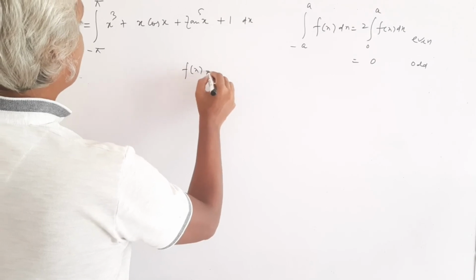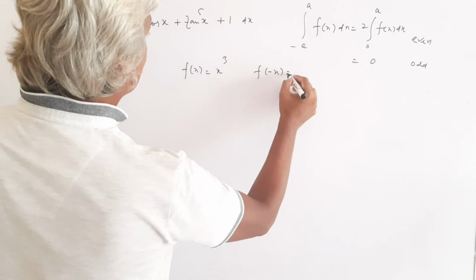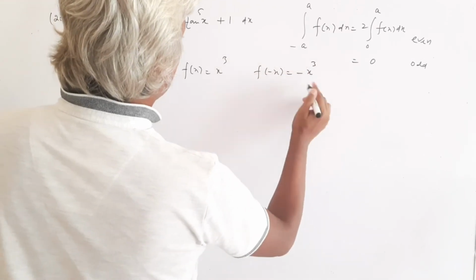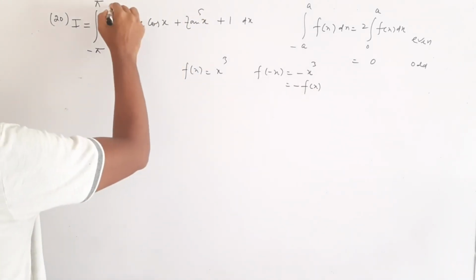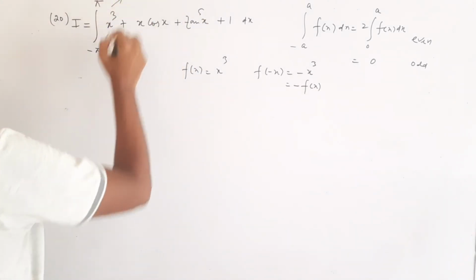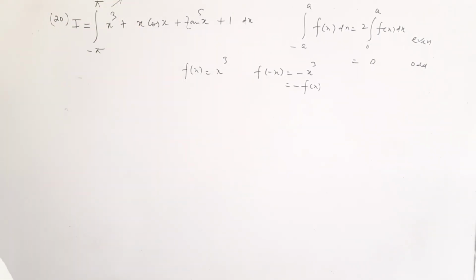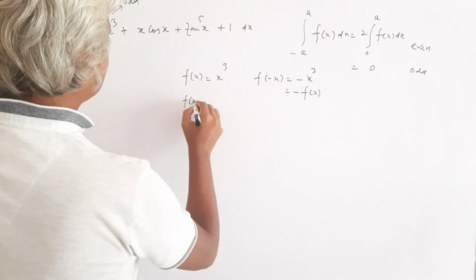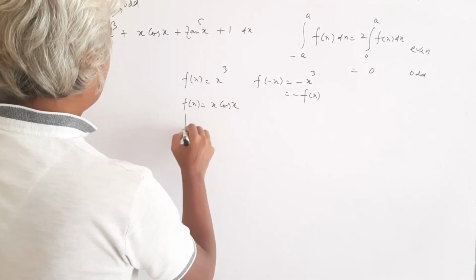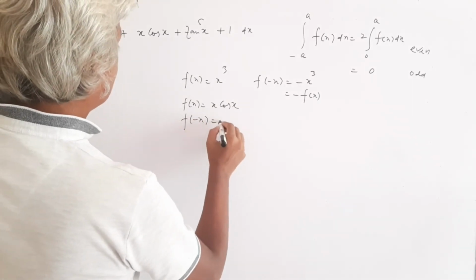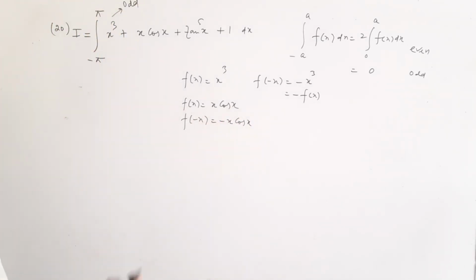So f(x) is x cube, so f of minus x equal to minus x cube, which is nothing but minus f(x). Therefore this is an odd function. Now I write f(x) is x cos x. So f of minus x is minus x cos x, because cos of minus x is positive cos x.